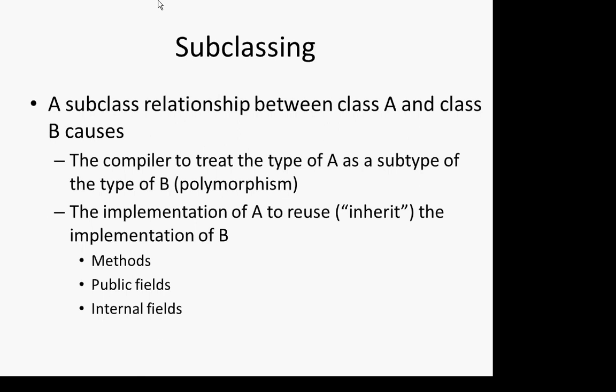What else does it involve? Yes, you can look at the slide rather than small electronic devices. Yes, it involves inheritance of implementation. It involves reuse of how a type is implemented.